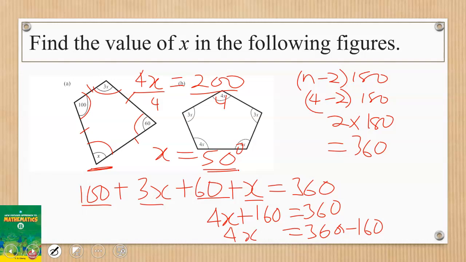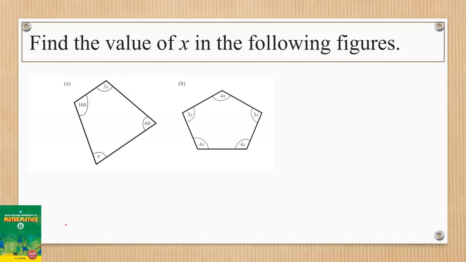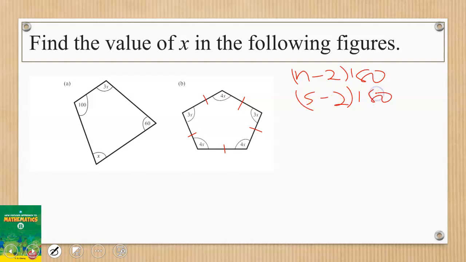Let's try the second one. The second one has 1, 2, 3, 4, 5 sides, a 5-sided figure. For a 5-sided figure, the sum of the interior angles should be n minus 2 times 180, right? Our n is 5, so 5 minus 2 times 180 gives us 3 times 180, which is 540.